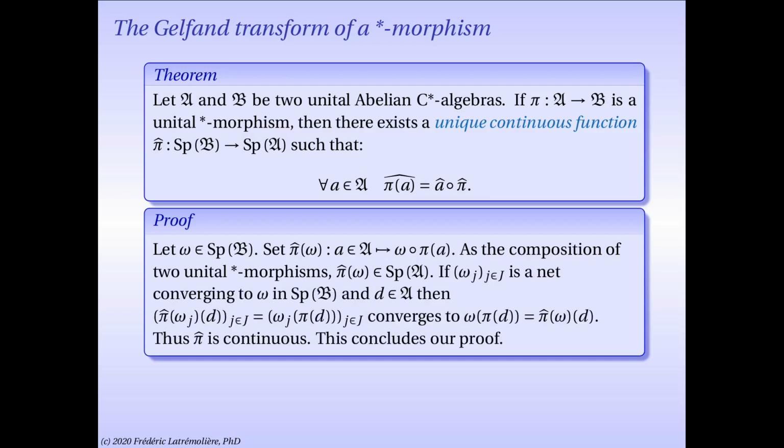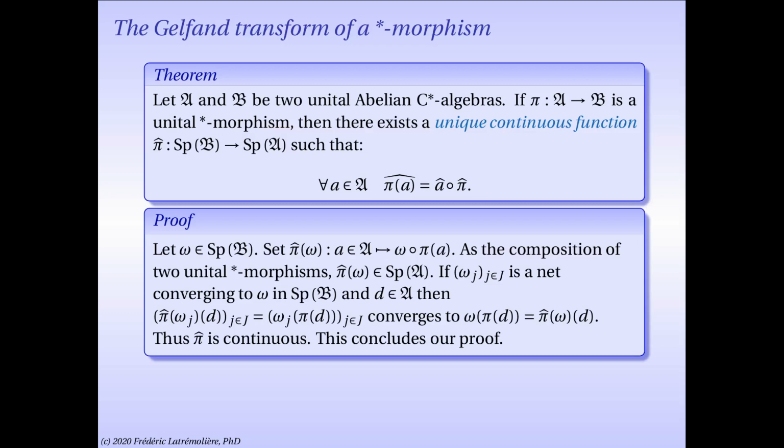And, well, we have a map already, pi hat. We just want to check it's continuous, and that really again follows from the definition of the weak star topology. So if you take a net omega j of characters in the spectrum of B that converges for the weak star topology to a character omega, and if you take an element D in your C-star algebra A, and you calculate what is pi hat of omega j applied to D. Remember, pi hat of omega j is an element of the spectrum of A, so it's a function on A, and we can apply it to an element.